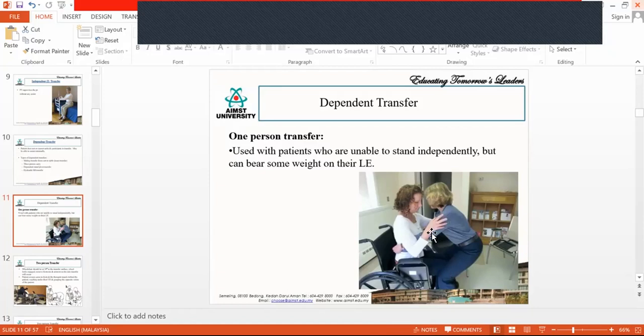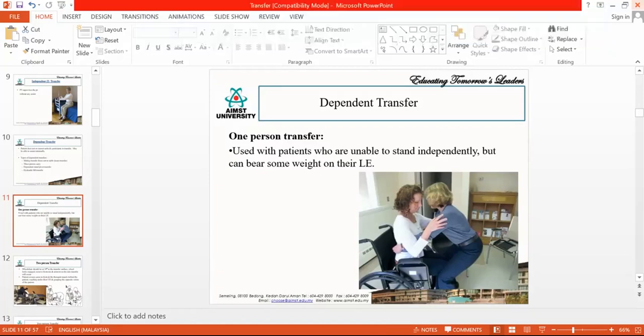Then lift the patient. Once you lift the patient, the person will be able to weight bear in the legs. So you can lift, turn the person and make them sit on the other chair. This is called dependent one person transfer. Is that clear? I'll explain with some videos a little later.